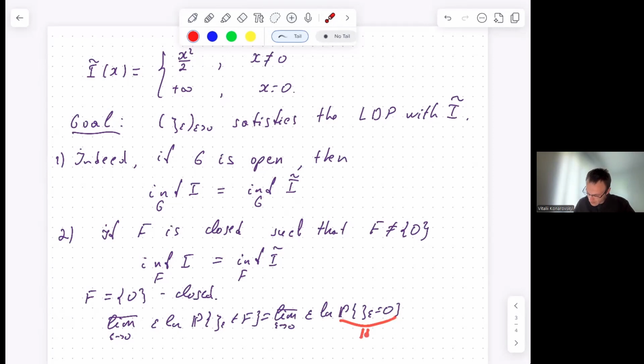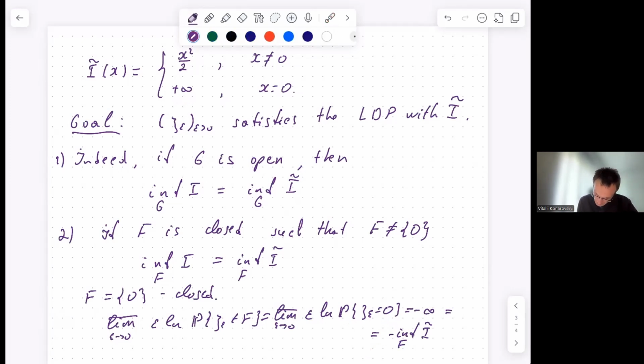Therefore, that part is equal to 0. The logarithm of 0, according to our agreement, is minus infinity, multiplied by epsilon also minus infinity. Therefore, this is minus infinity, and it is exactly minus infimum of I tilde over the set F. That is 0 point, because you see that here you have I tilde is plus infinity.